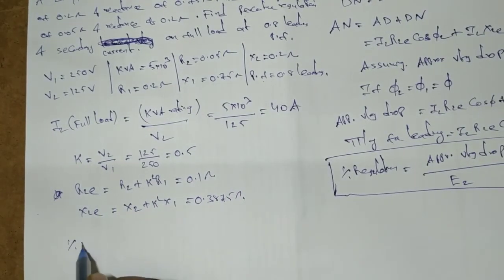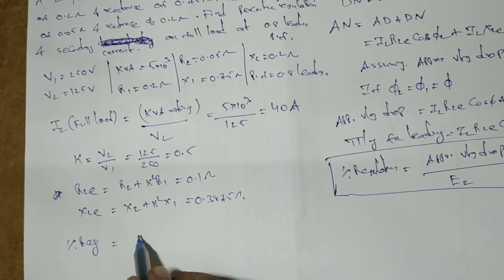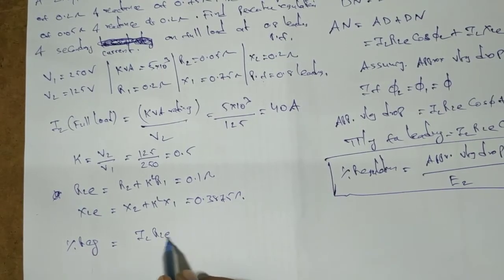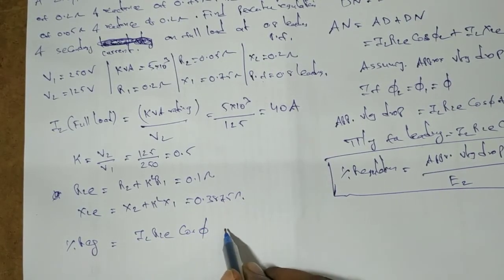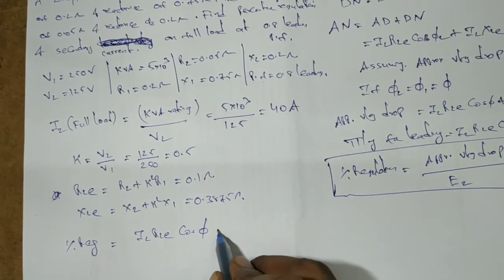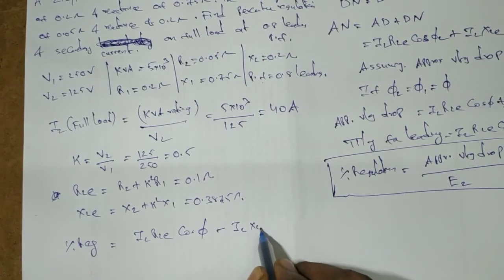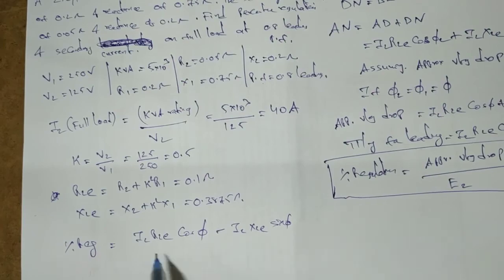And X2E is nothing but X2 plus K square into X1, you will get 0.3875 ohm.